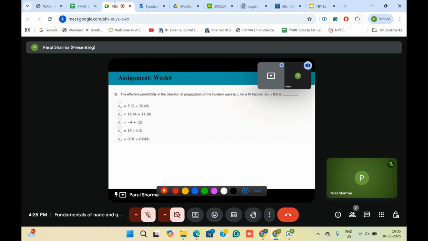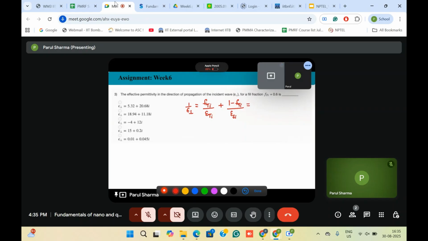So we know that the permittivity in the perpendicular direction is given by 1 over epsilon perpendicular equals f of Ti over epsilon of Ti plus 1 minus f of Ti over epsilon of Si. Okay, so FTI is equal to 0.6. So how will we solve this?